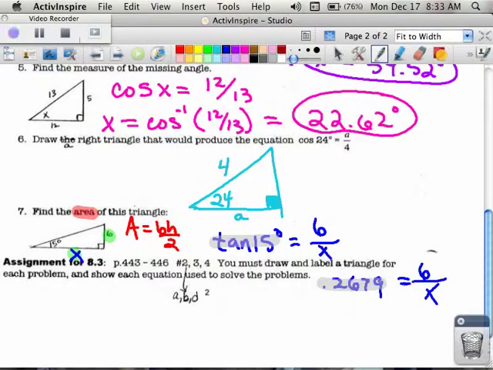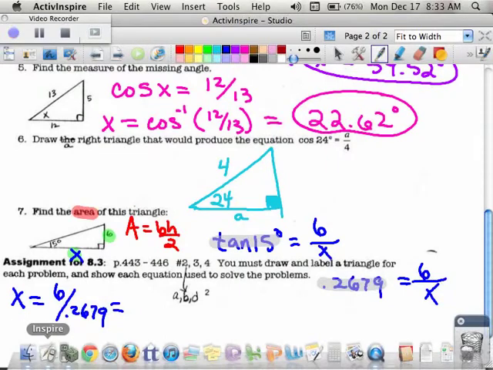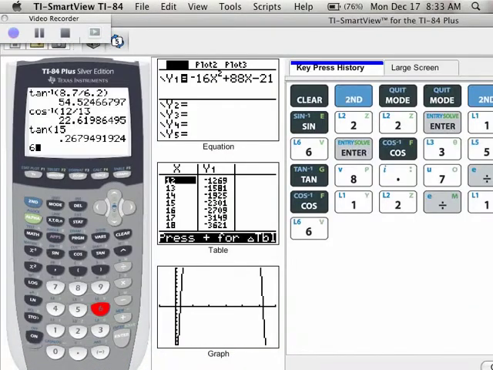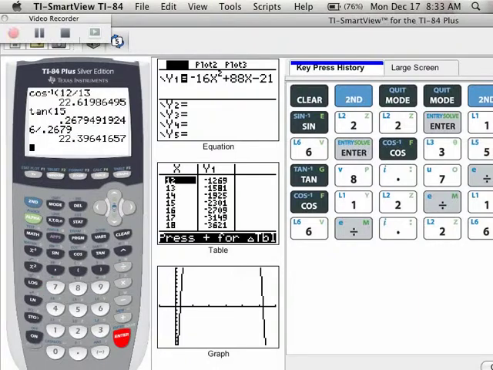The x is on the bottom. What do I do? Divide. So if I want my x, I have to take the 6 and divide it by 0.2679. So 6 divided by 0.2679. And I get 22.4 roughly.